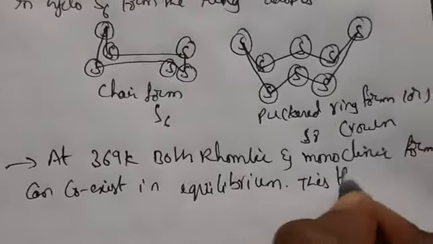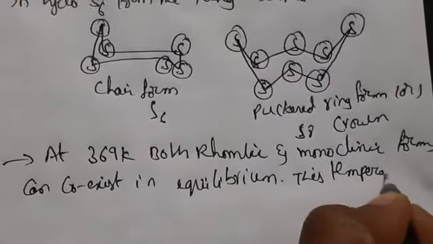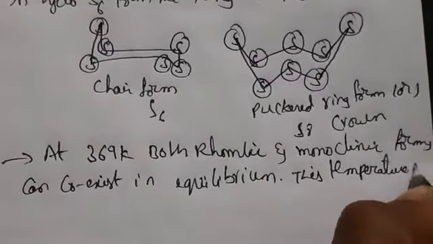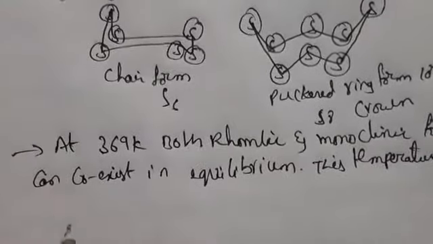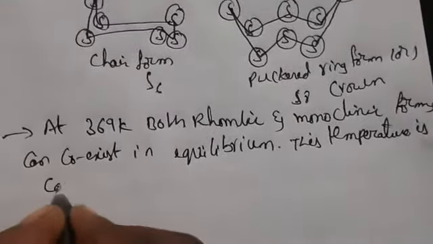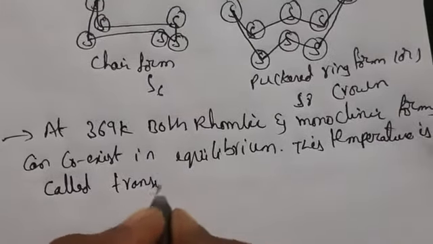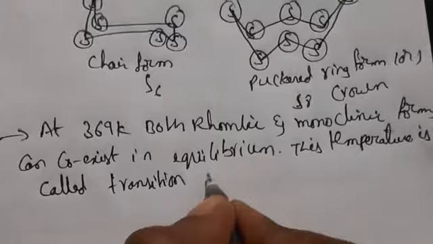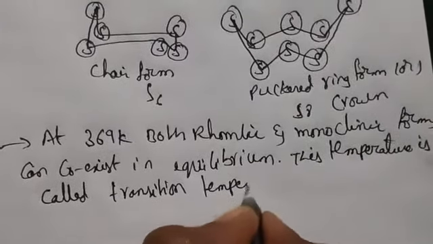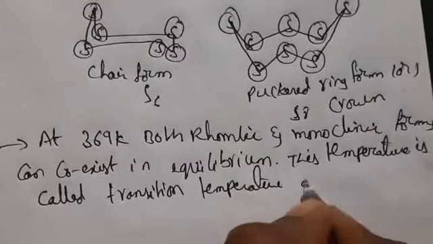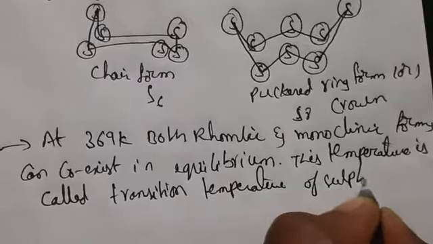This temperature is called the transition temperature of sulphur. So this is allotropy of sulphur and oxygen.